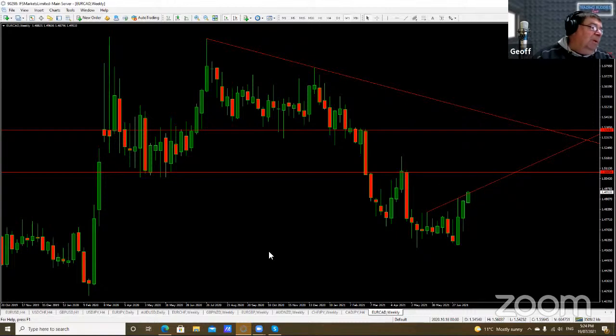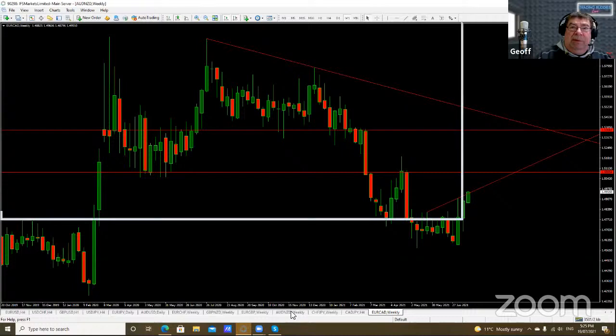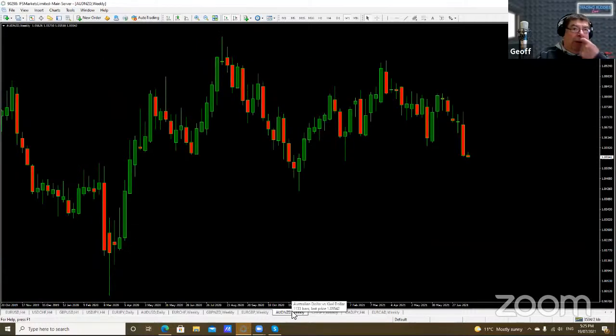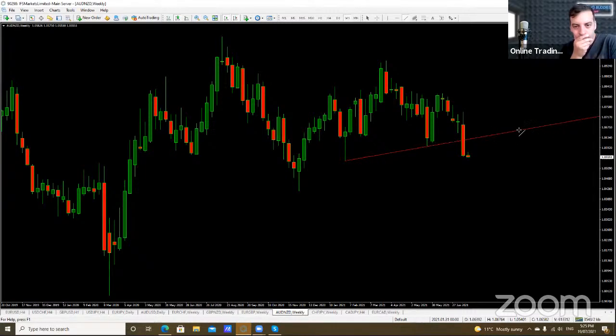There were what, one, two, three, four, five, six others. Now, the one I called in my analysis yesterday was this one, Aussie Kiwi short. And the reason for that, that's what I call a dominator, where the trend line has been absolutely smashed by price.